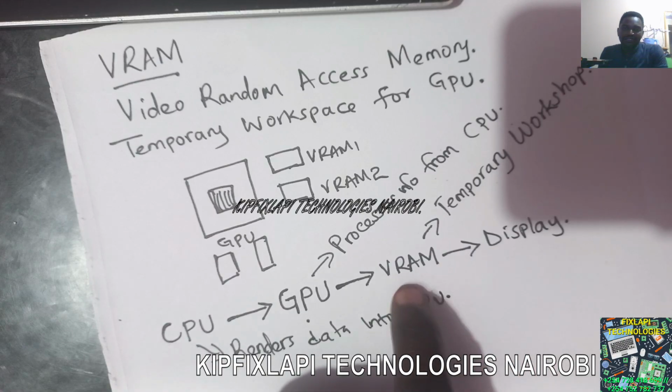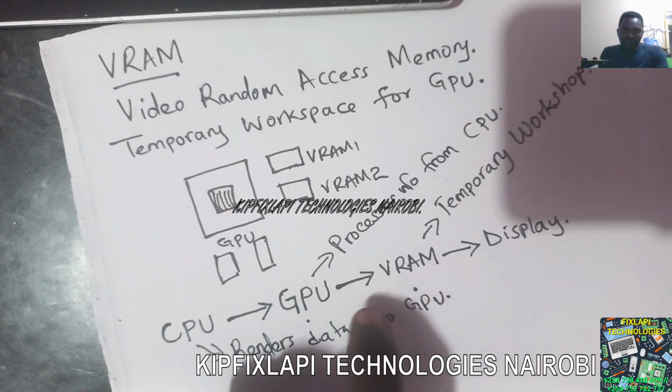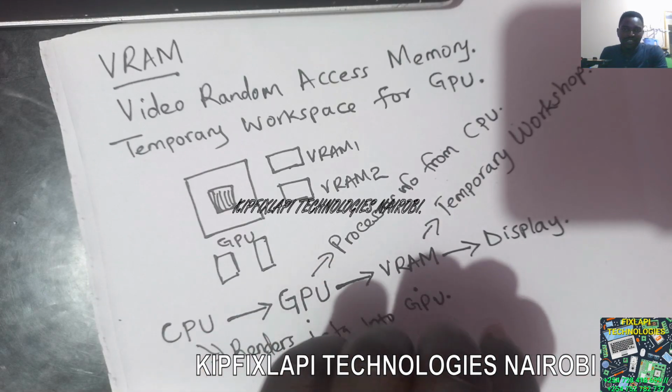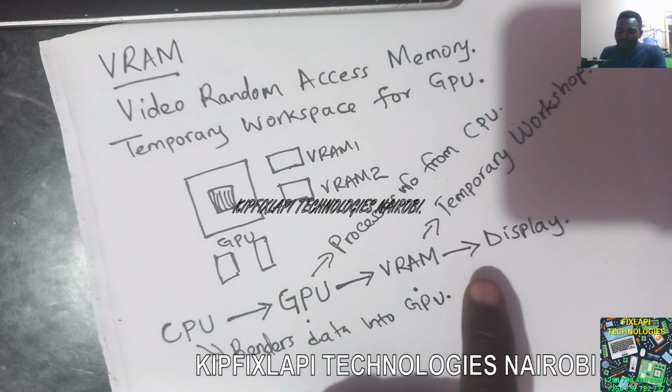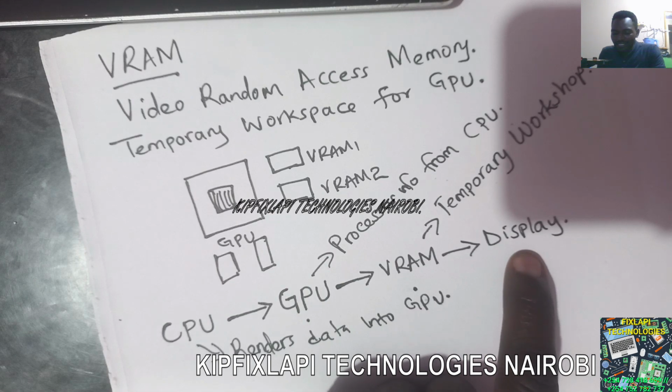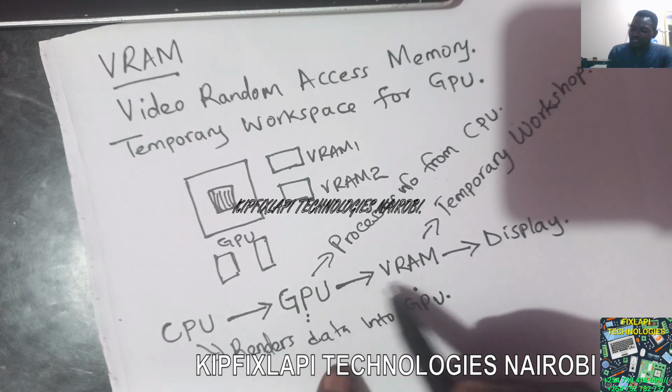It's just holding them for rapid access. In case the GPU needs some data later, it takes it from the VRAM. Once the GPU finishes rendering, you have a final frame, and that final frame is sent to the display.